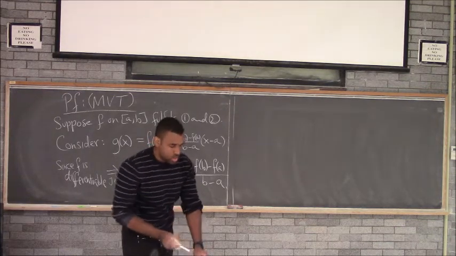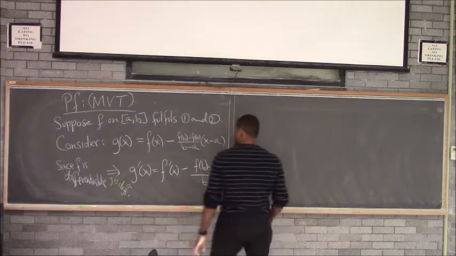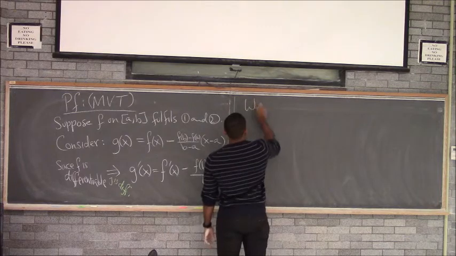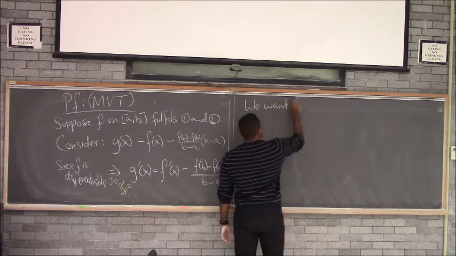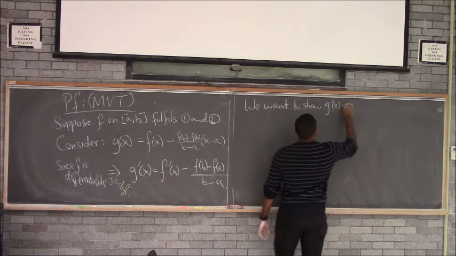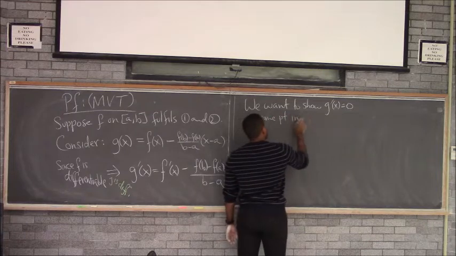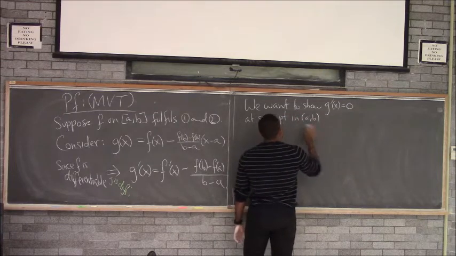How do I know it will hit 0 at some point? Here's something that's nice about this function. Right? So that's what we want to show.